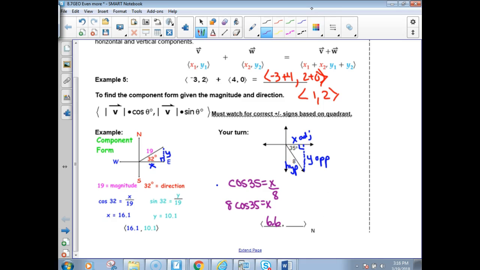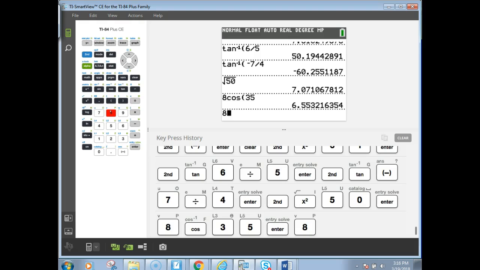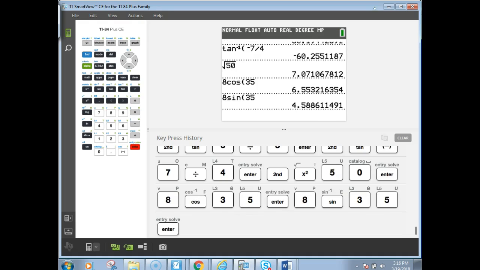But the y value, first let's find it. To find y, it's opposite the 35, and you have the hypotenuse. That's why we do the sine of 35 equals y over 8. We then cross multiply, do 8 sine 35 to get your y value. 8 sine 35 gives me 4.6.